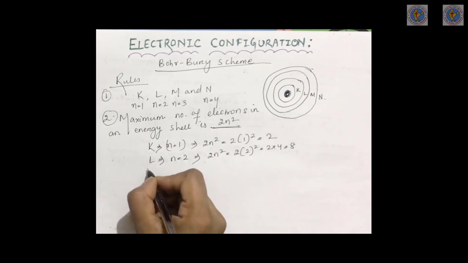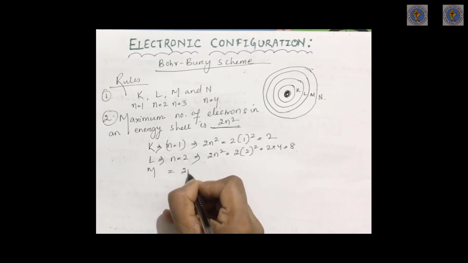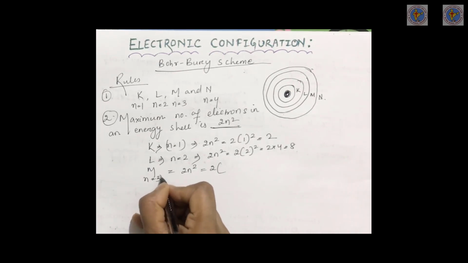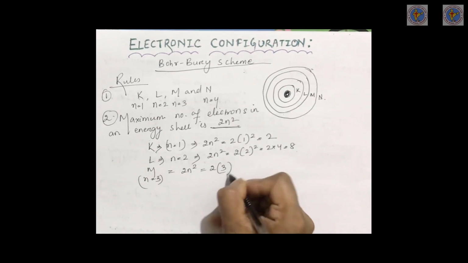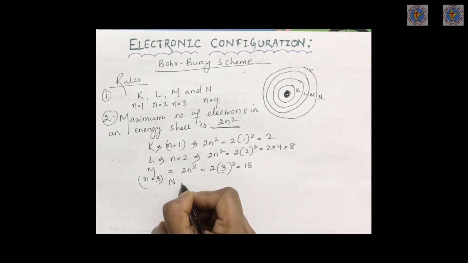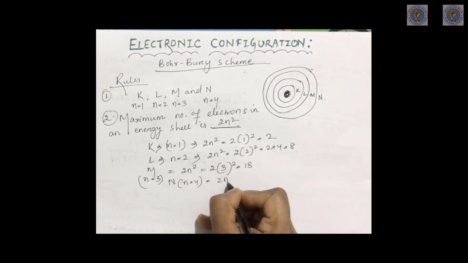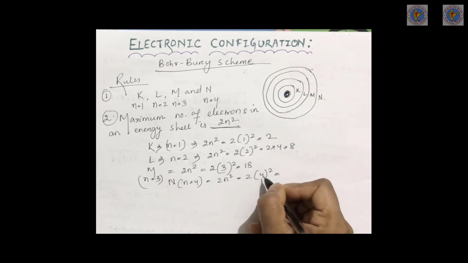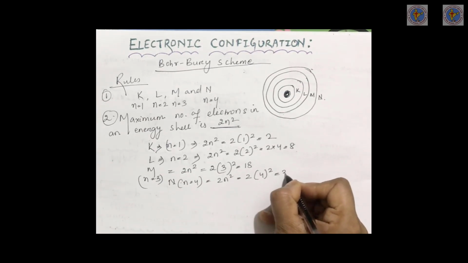That is 8. For M, we know that n is equal to 3, so 2 times 3 square, that is 18. Similarly for N, n is equal to 4, so 2n square means 2 times 4 square, 4 fours are 16, 16 twos are 32.